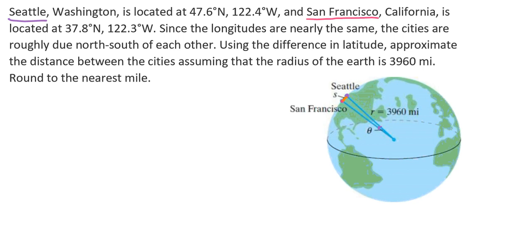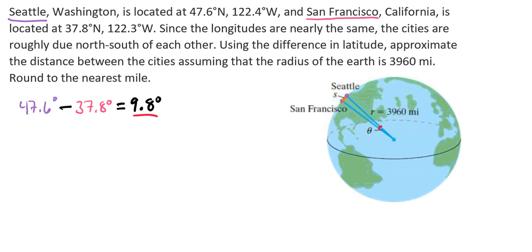And we can find that by taking our 47.6 degrees and subtracting San Francisco's 37.8 degrees, and that's going to give us a theta value of 9.8 degrees.